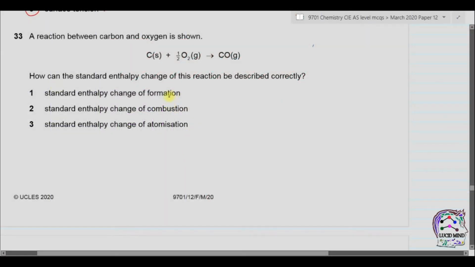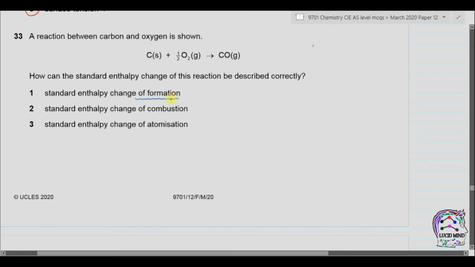Question number 33. A reaction between carbon and oxygen is shown. This is the chemical reaction. Carbon and oxygen, they are forming carbon monoxide gas. How can the standard enthalpy change of this reaction be described correctly? Now, one says standard enthalpy change of formation. Now, what is enthalpy change of formation?